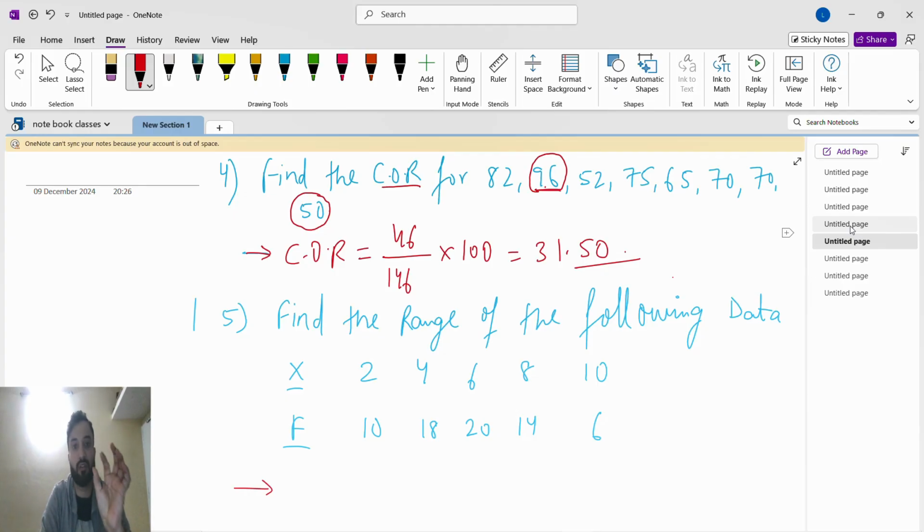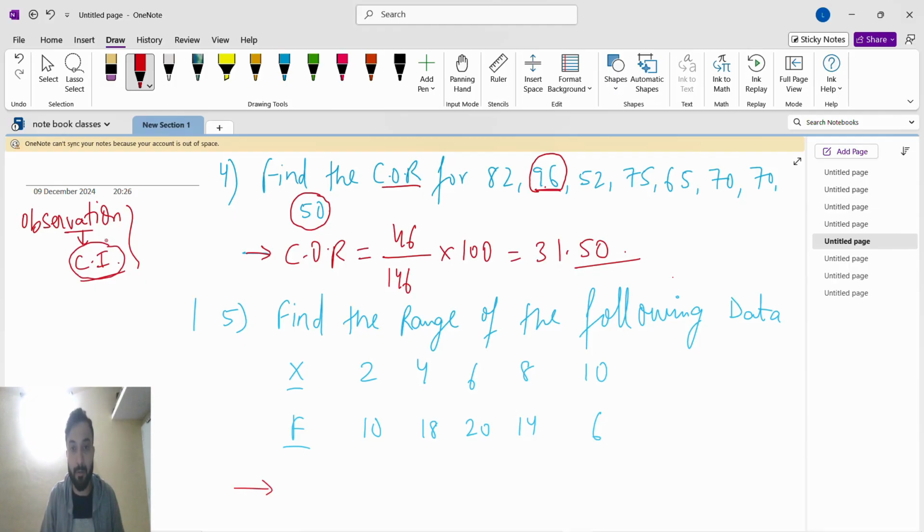Remember, in a grouped question, if you want you can write this for your further understanding: in a grouped question, the observation is the class interval. If you have to find the observation, just check the class interval, and you will get the observation.